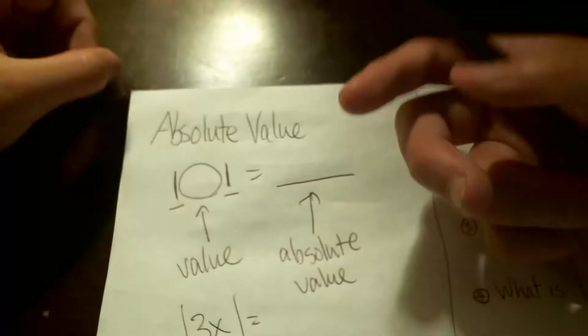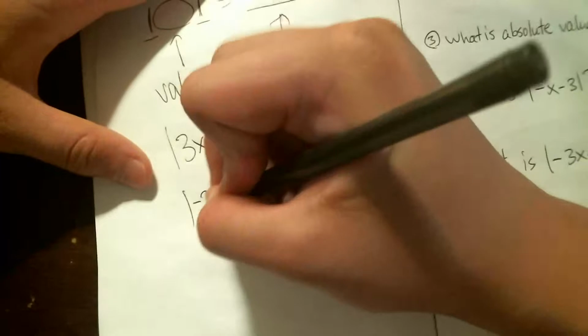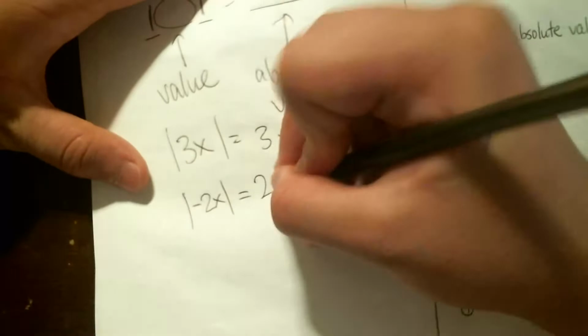Since this is already positive, you would not have to find the absolute value of it. So this would just be 3x. And if you had a negative value, such as negative 2x, this will just be 2x.